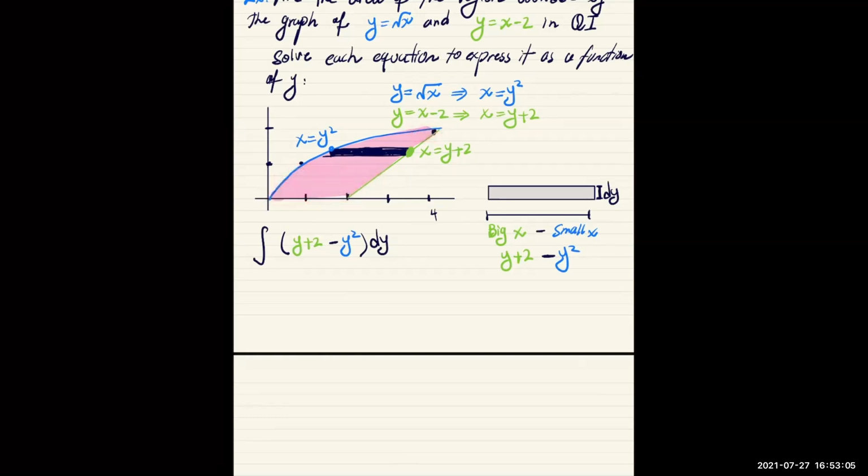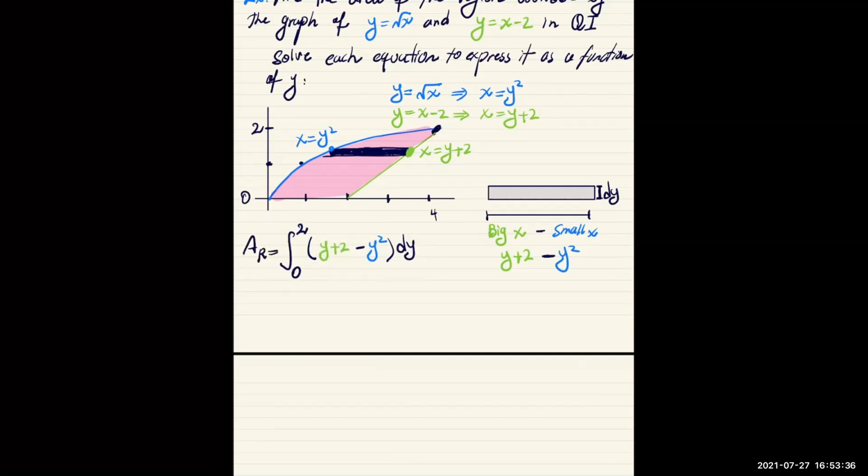So they begin from y equal to 0 until y is equal to 2. Since it's integration with respect to y, you have to see where y begins and where y ends throughout the region. So this gives you the area of the region.